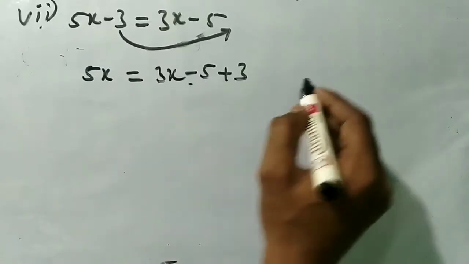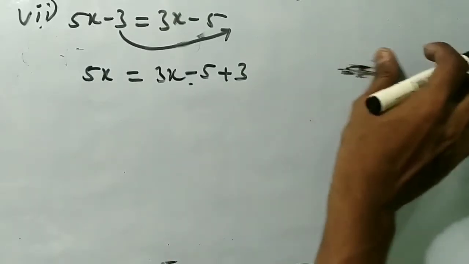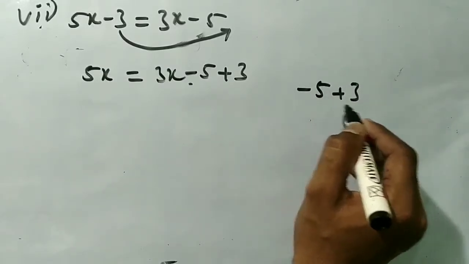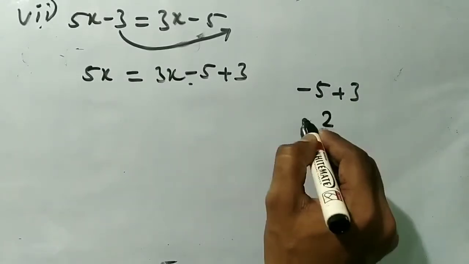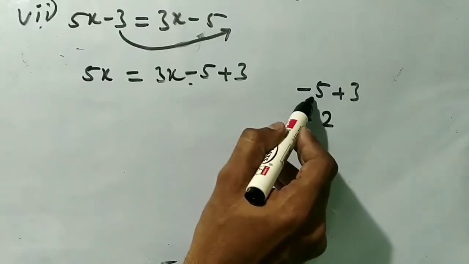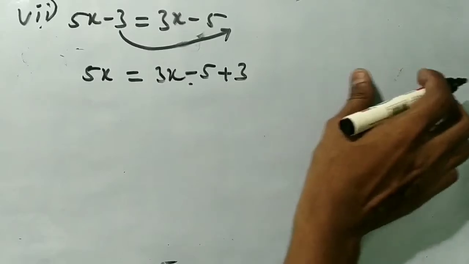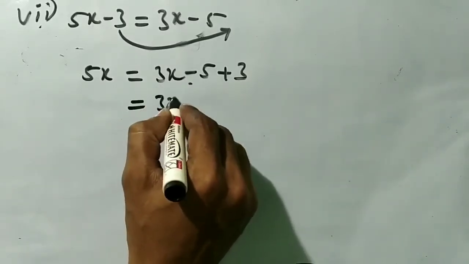So minus 5 plus 3 is minus 2. We know 5 minus 3 is equal to 2, but we have to take minus 2 because the bigger value has the minus. So 5x is equal to 3x minus 2.